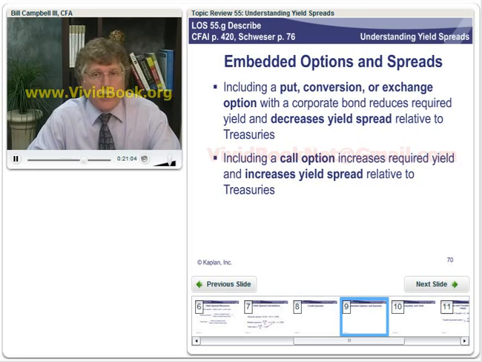They pay either by accepting a lower price for the bond, or they pay by having a higher coupon rate on the bond. Either way, the yield on that bond increases over a comparable bond without the call or prepayment option, and that increases the yield spread. So options favoring the bondholder, yield spreads decrease. Options favoring the issuer, yield spreads increase.